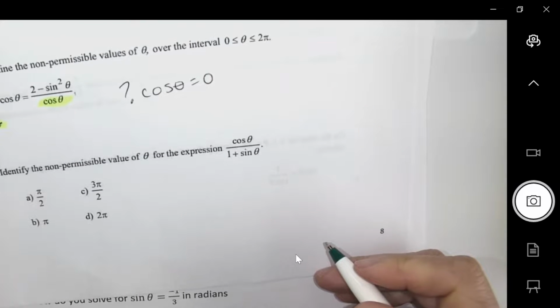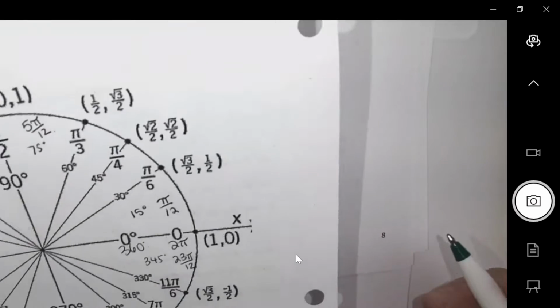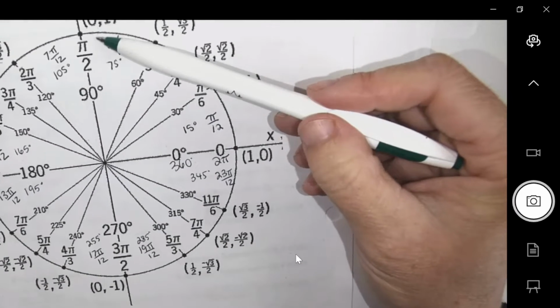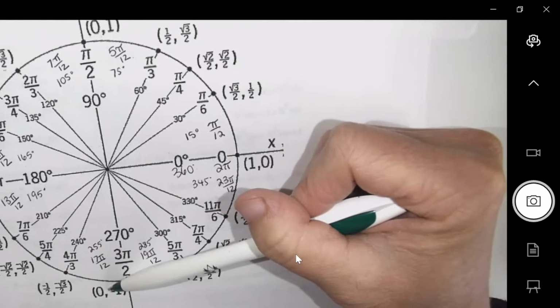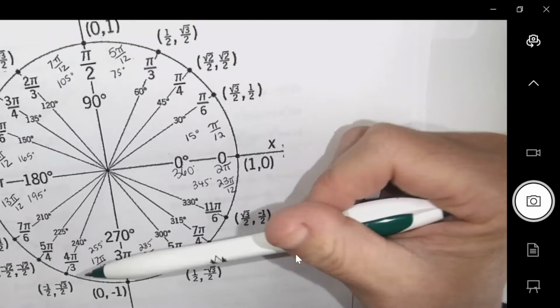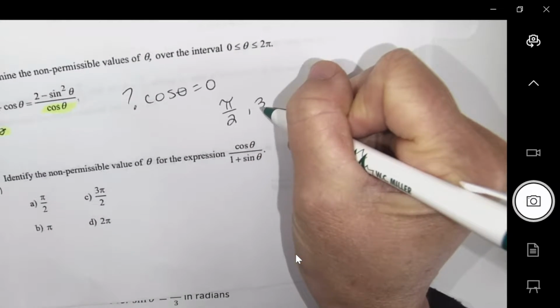Where is that happening? Where is there an x value of 0? Here and here. Okay, so there's some answers: pi over 2 and 3 pi over 2.